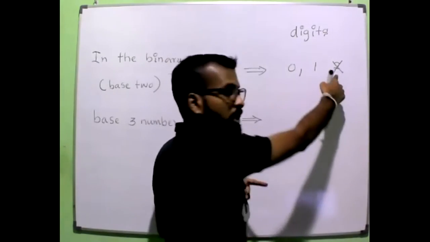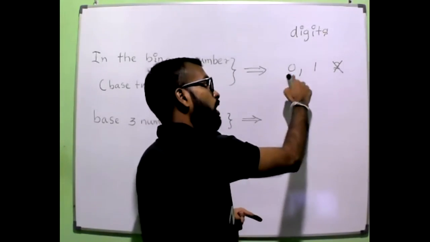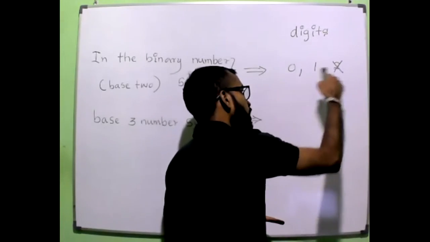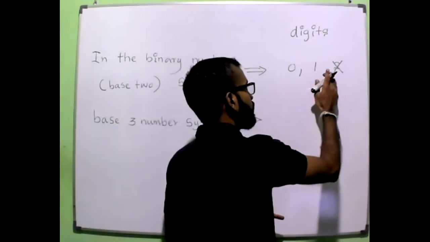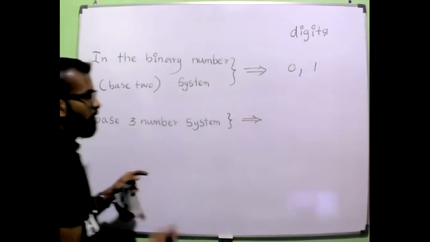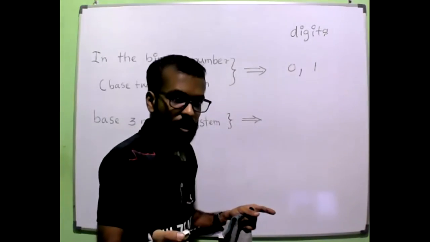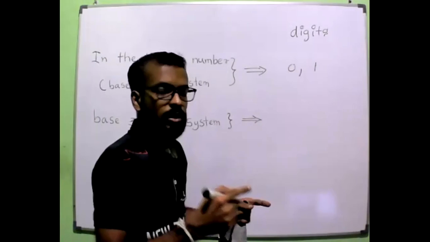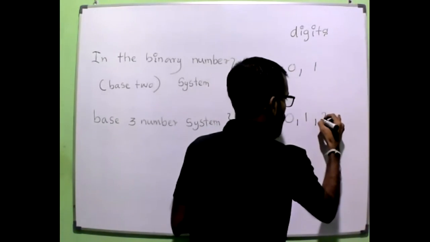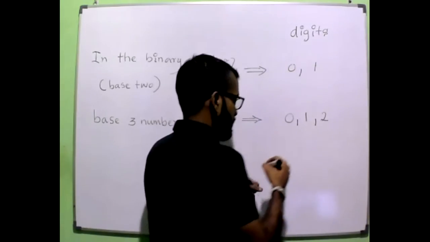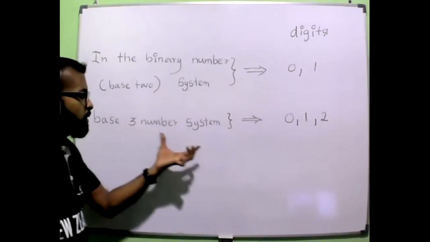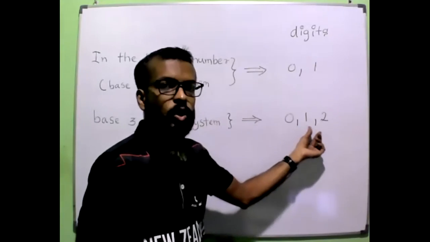The numbers which are less than 2 are used as the digits, right? Now the base is 3, except 3, which are less than 3. So what are the numbers? 0, 1, 2. These are the digits when you are using base 3 number systems. You are only using 0, 1 and 2.